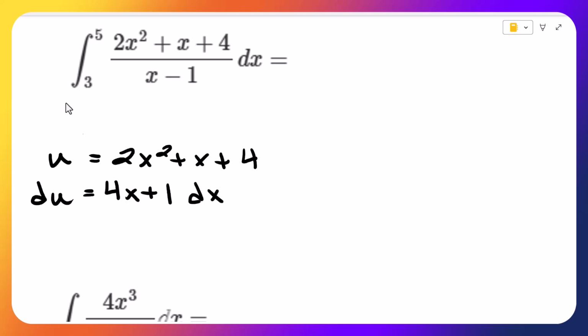And how can I rearrange this to make it look like x minus 1? There's not really something I can do.